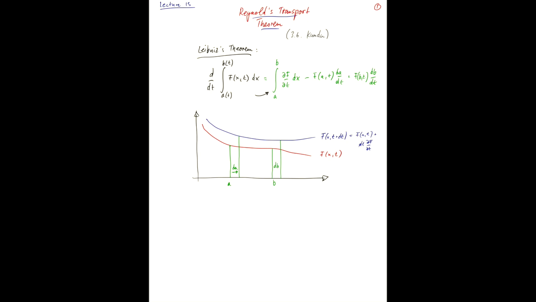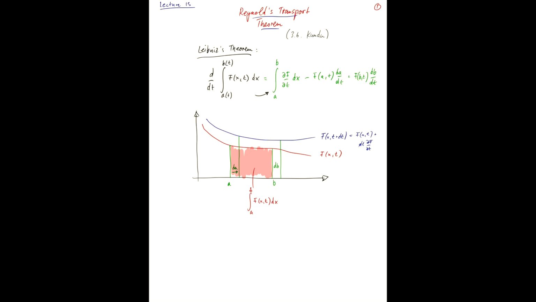So this initial integral is just the integral from a to b of f of x and t dx.